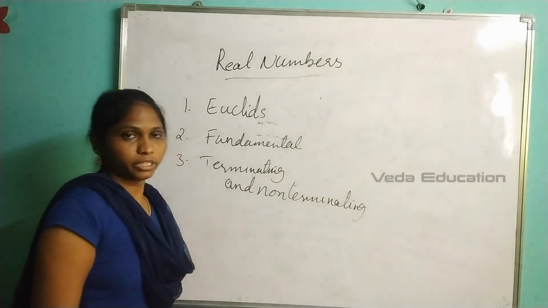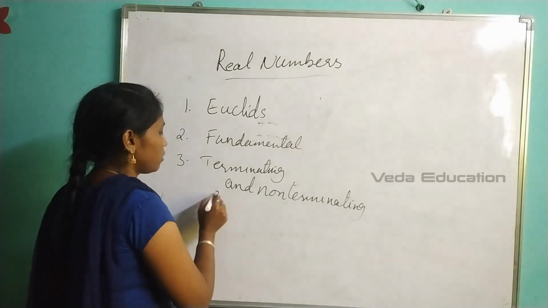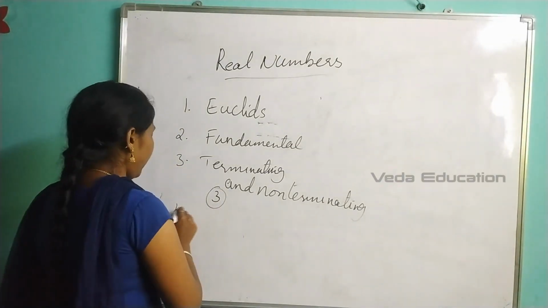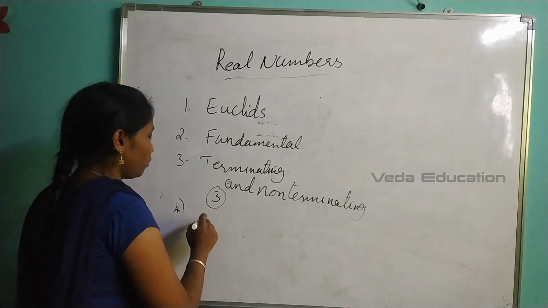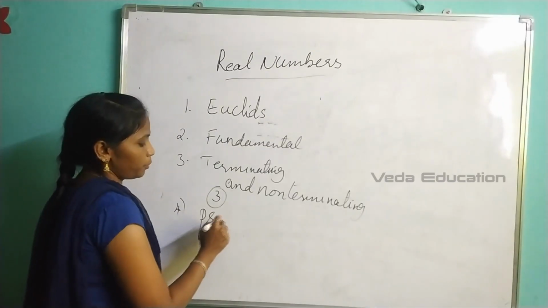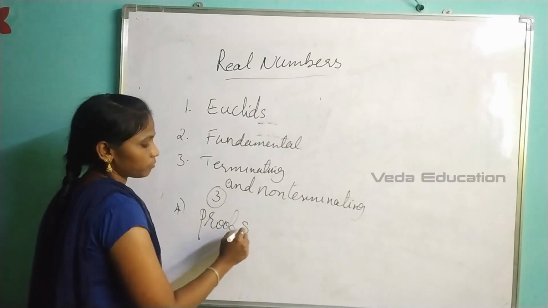Based on this, we have three theorems, and based on the three theorems, we have Exercise 3. And the fourth one is proofs of irrationals.